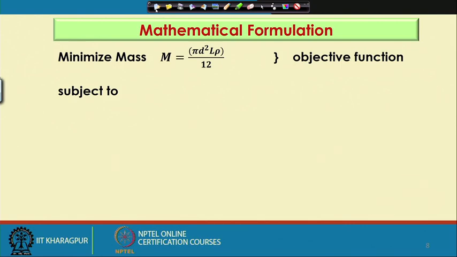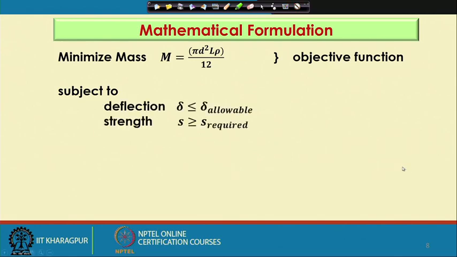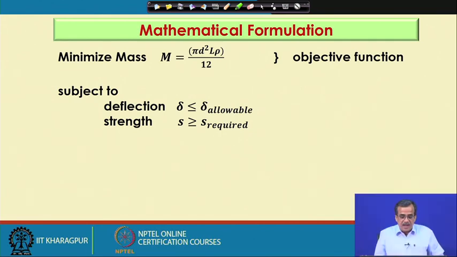Once you have got this expression, this is the mass of this wooden pointer, and it is subjected to two conditions: the deflection of the pointing end should be less than or equal to the allowable deflection, and the strength should be greater than or equal to the S minimum required.